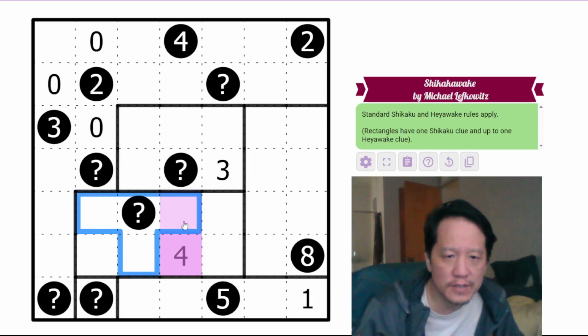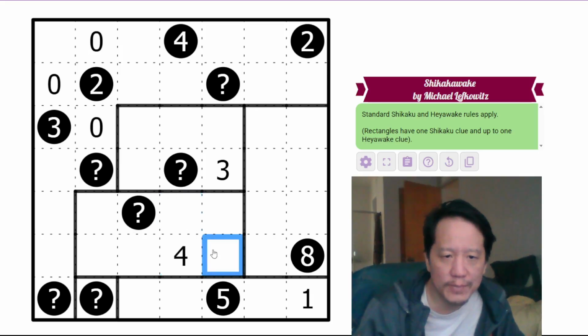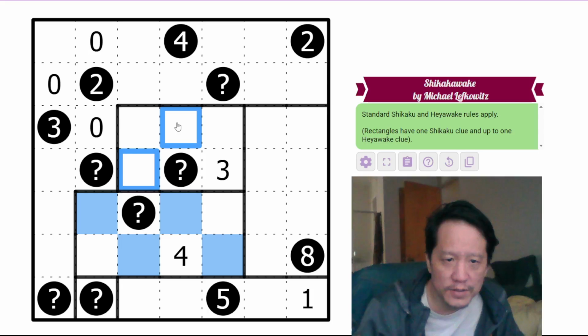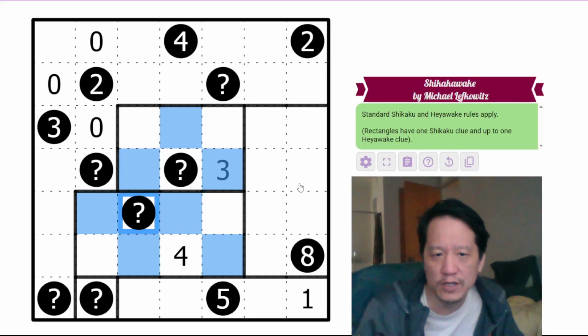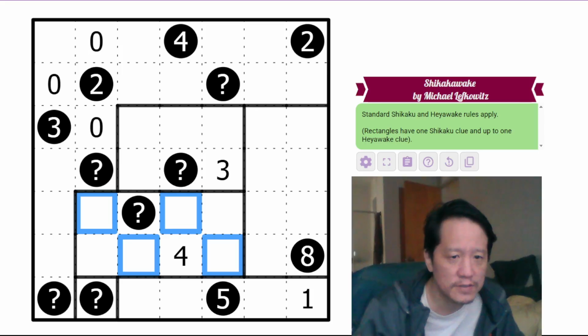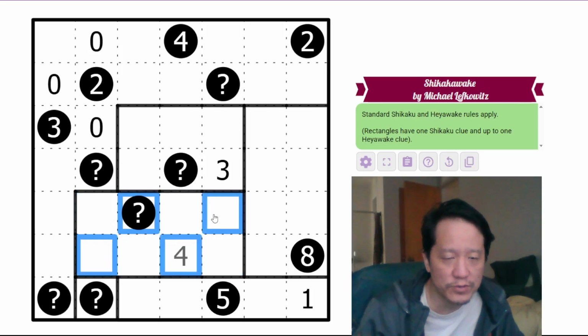So what happens if we have the shading go like that? Then this must be shaded, and that doesn't work because this cell is not orthogonally connected to the rest of the light cells. And I think we have something similar this way.